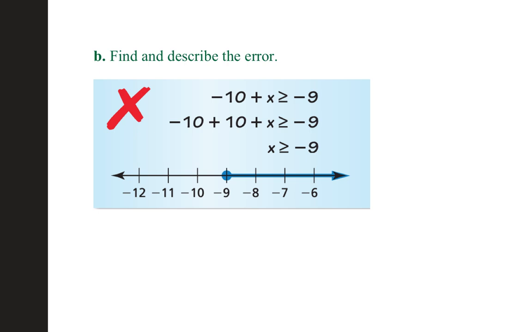Yeah, they needed to add the 10 to this side. Right? So then what would be -9 plus 10? It would be greater than or equal to 1. That would be our answer. And you're welcome to do exactly what I did on the notes and then just circle your answer there. Okay? All right.